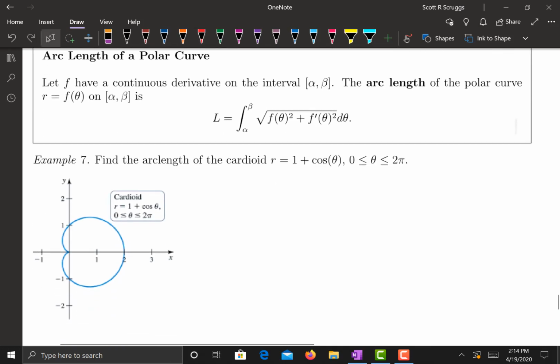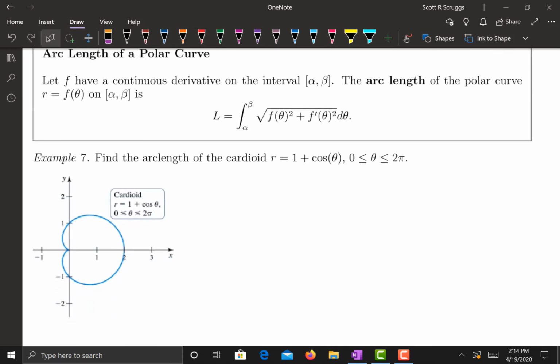And let's finish this up by finding the arc length of the cardioid on the interval 0 to 2 pi. Well, let's tackle this guy. So first, from our formula, integral from 0 to 2 pi of f of theta, which is 1 plus cosine of theta, and then its derivative, negative sine of theta.